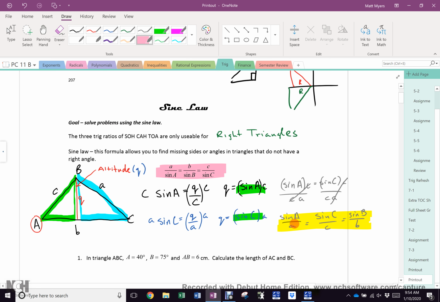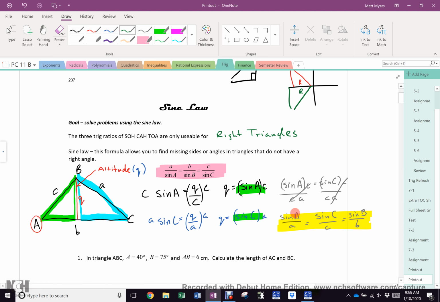They decided to put the sides in the numerator instead of the denominator. Okay? So, the only thing that would have been different here is we would have divided by sine A here, and sine C. The signs would have changed places. Right? All right.